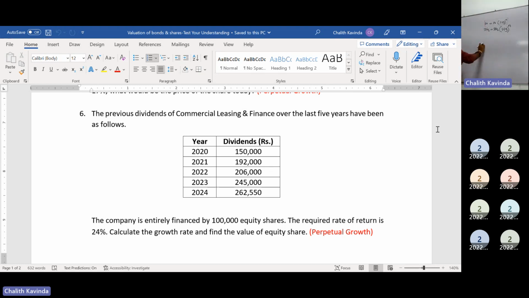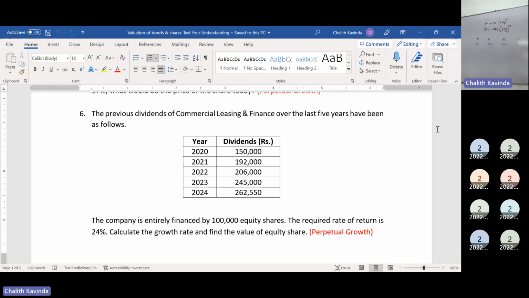Accordingly, first thing that you need to do: here 2020, 21, 22, 23 and 24. So you have the dividends: 150, then 192, 206, then 245, then 262.55. These are the given dividend amounts. This is the formula, and these are the data set.